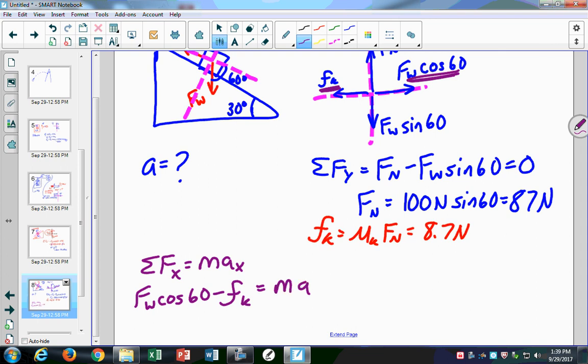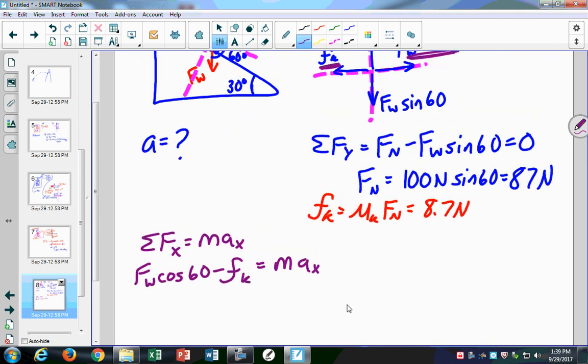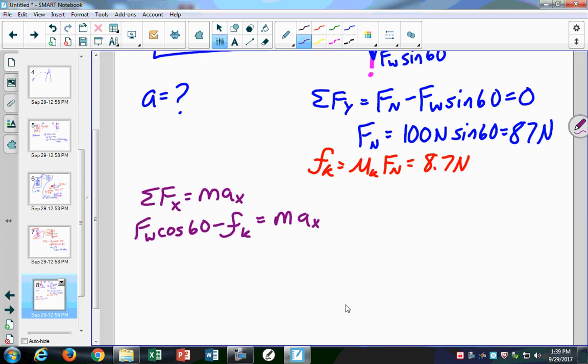All right, almost done. On the test, by the way, I'd break this problem into at least two separate problems. One might ask what the kinetic friction on this object is, and the next would ask what the acceleration of this object is. So this would be 100 cosine 60, which is going to be 50. Let me write that out.